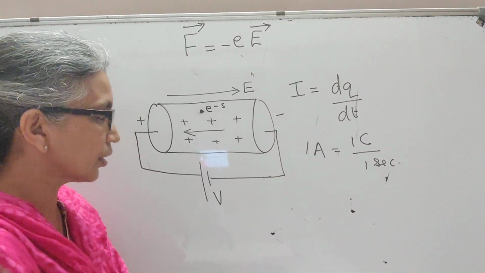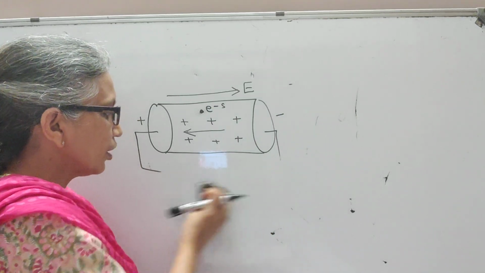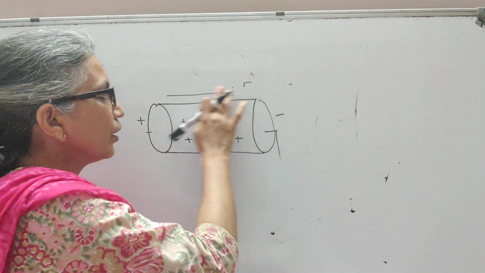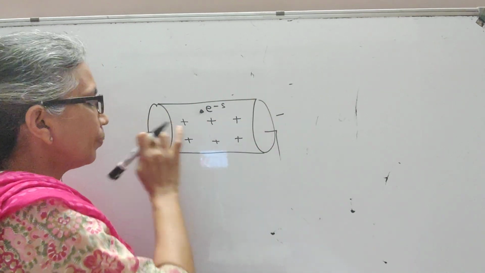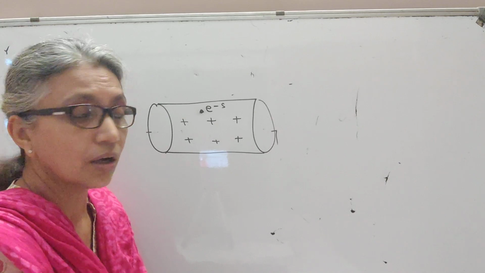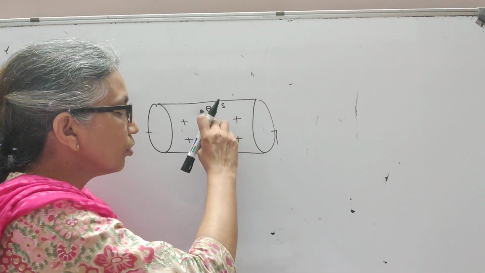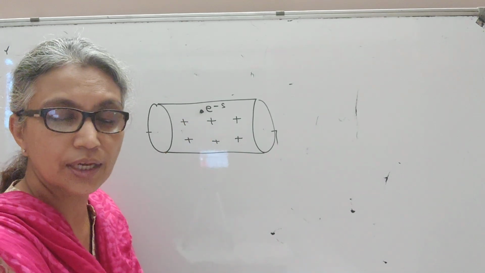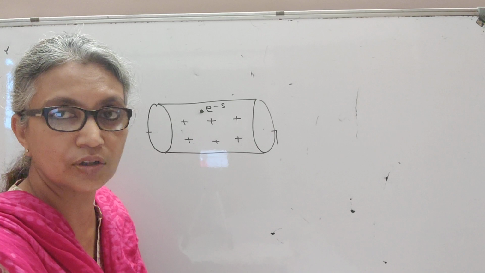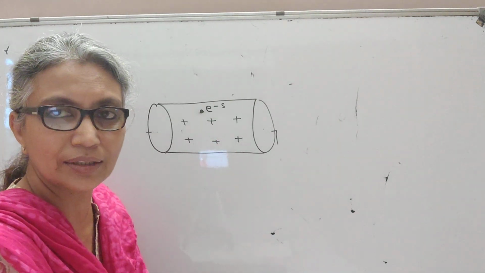Now here in this conductor, suppose we take the case before the application of the electric field. You have not connected it to the terminals of the battery. There is no electric field applied to the conductor, and you know there are free electrons. All of these free electrons, while moving through the conductor, will undergo collisions with the positive ions, and after every collision they will change their direction. The velocity changes in direction, and they will have velocities in all random directions.